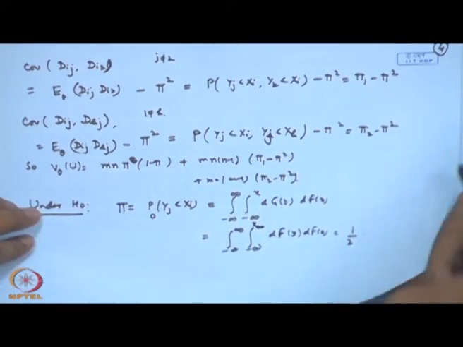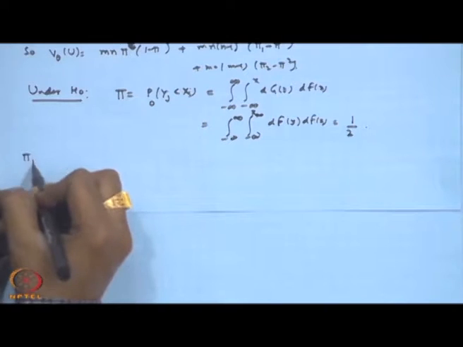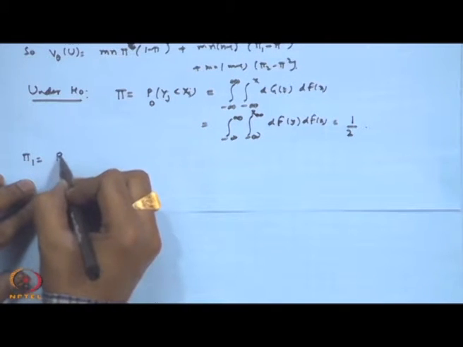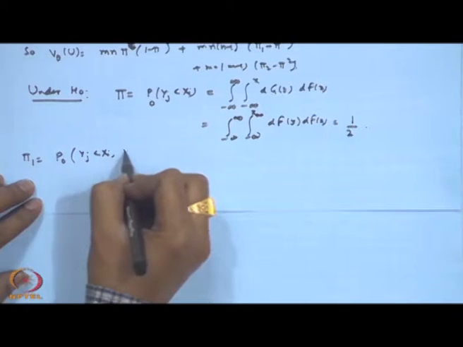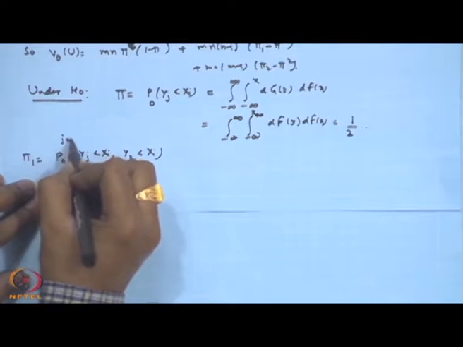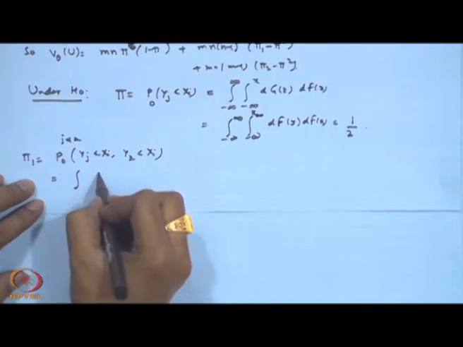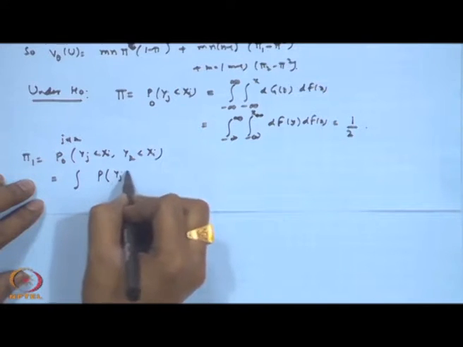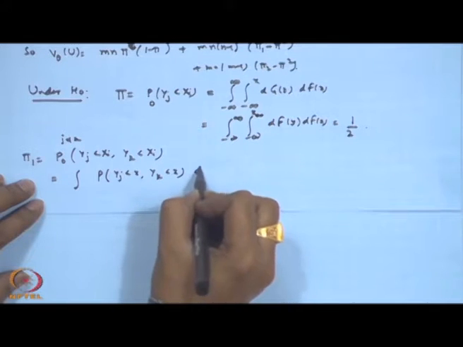Similarly, we can evaluate pi 1 and pi 2 under H naught. Pi 1 is equal to the probability of y j less than x i, y k less than x i, where j is not equal to k. So, that is equal to the integral of probability of y j less than x, y k less than x d F x.